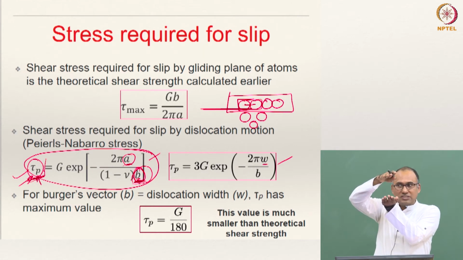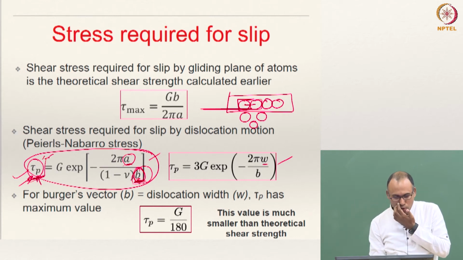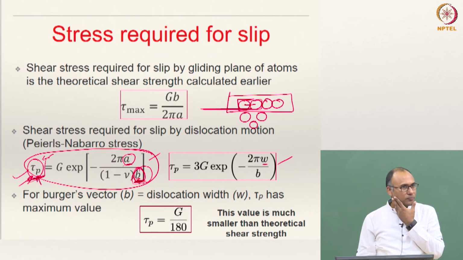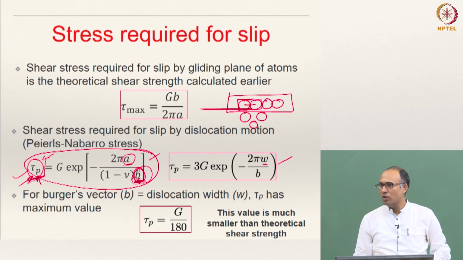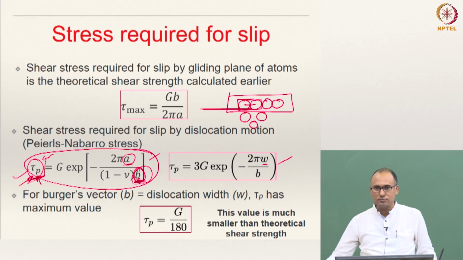The higher interplanar spacing is obtained between close packed planes, and that leads to lower Peierls-Nabarro stress, and hence that is also another way to say that dislocations prefer to move in close packed planes. Is that clear? Okay. Still not clear to some people? I still see some blank faces.